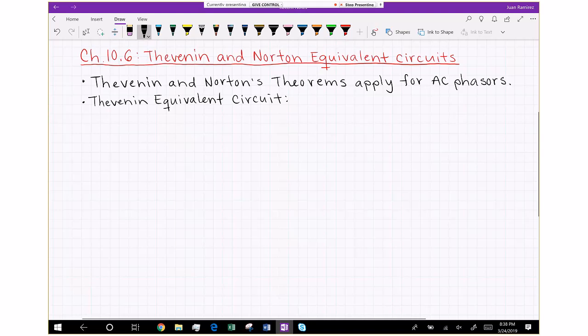Okay, so Thevenin's theorem and the equivalent circuit is a way to take some arbitrary circuit applied to a load and convert that into three simple components. Obviously, that arbitrary circuit has to be linear.